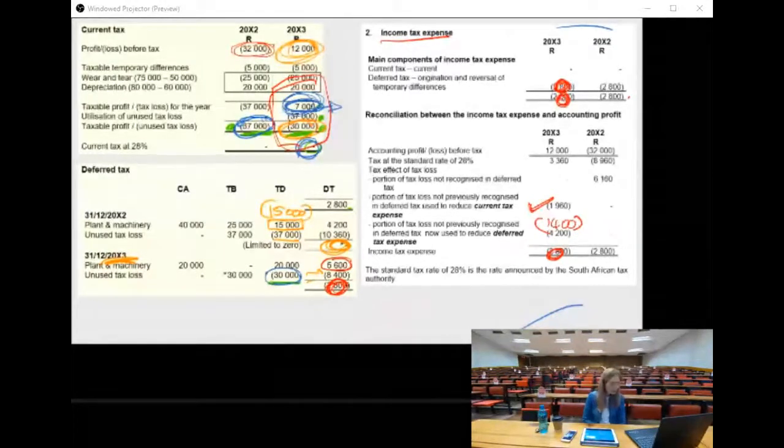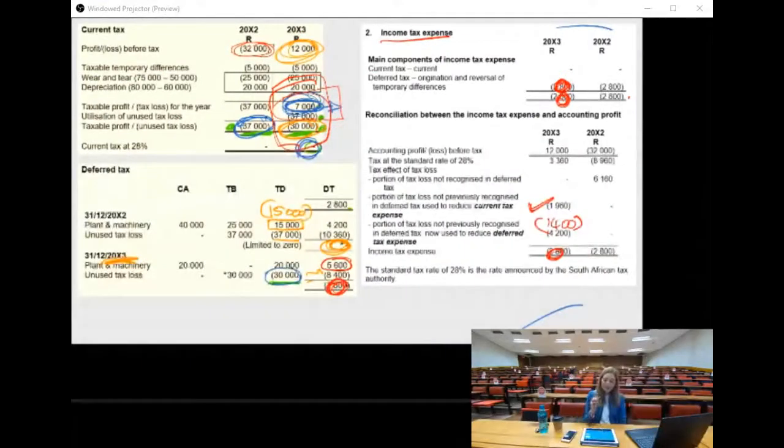Okay, you mean the 7,000 over here, and the deferred tax. But remember, when we're doing our X2 amounts, we won't know yet what our X3 amounts are going to be.